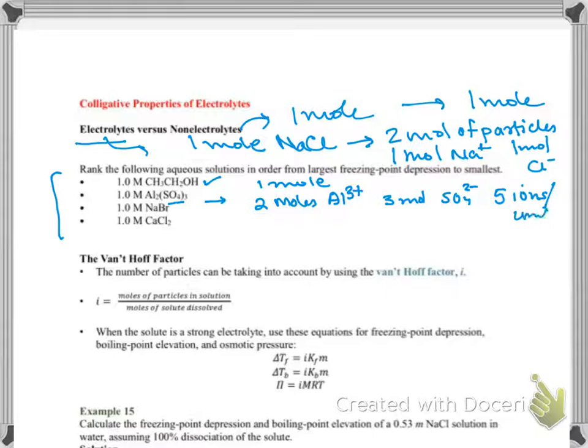Here you had only 1 per unit. I'm not even going to say ion, 1 particle in the first case. In the second case, you are adding 5 particles.